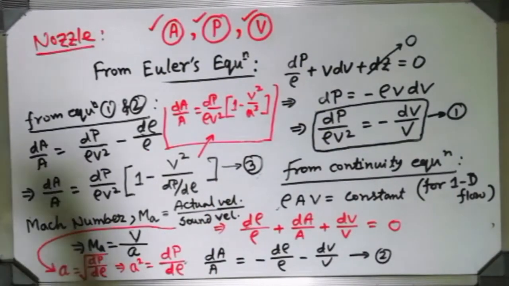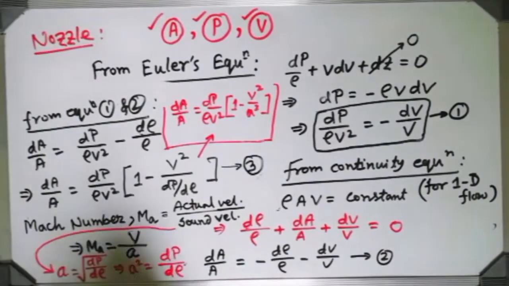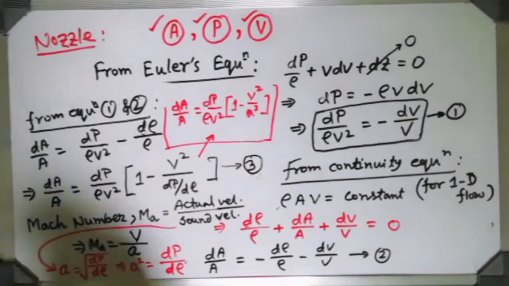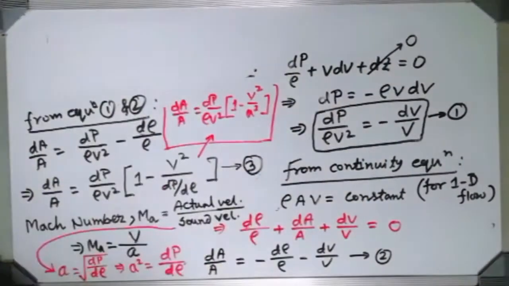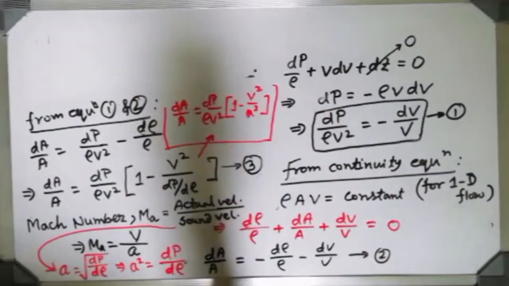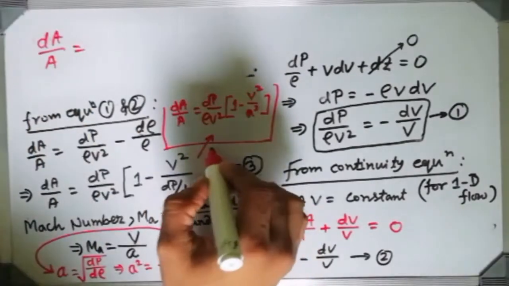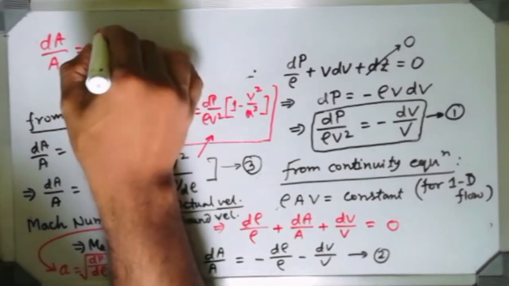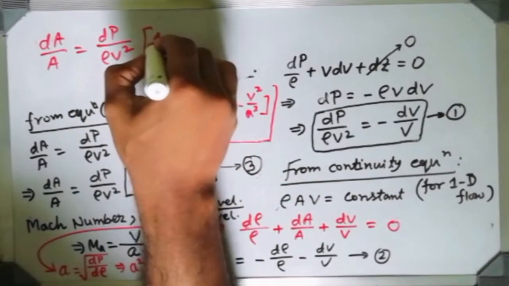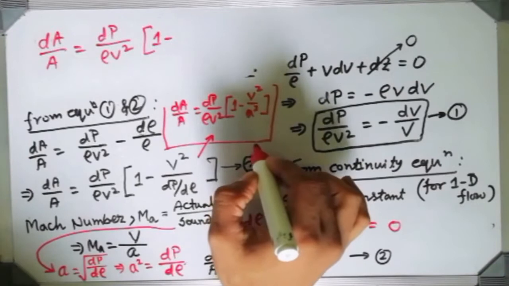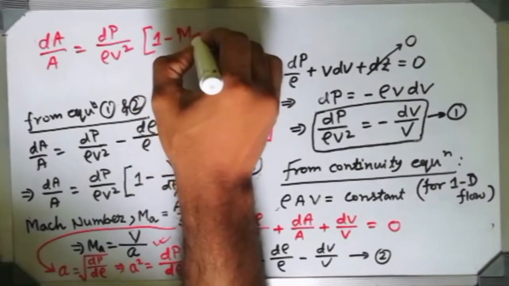If you have any confusion, then please ask. And from here I have to remove this top side, space is very limited here. Finally I can write this equation which is needed for us, dA by A equals dp by rho v square within bracket 1 minus v square by a square, that can be written as Mach number square, isn't it?